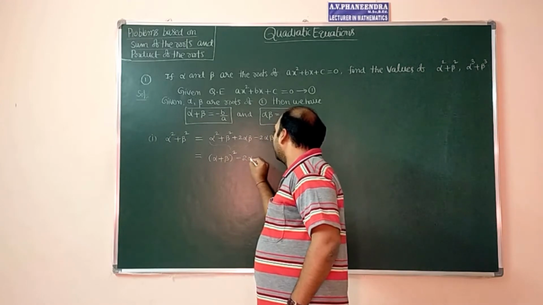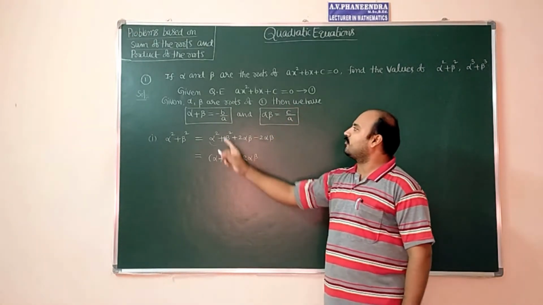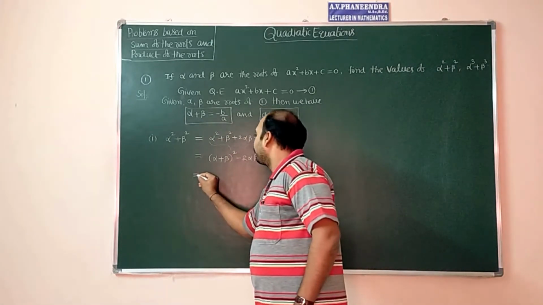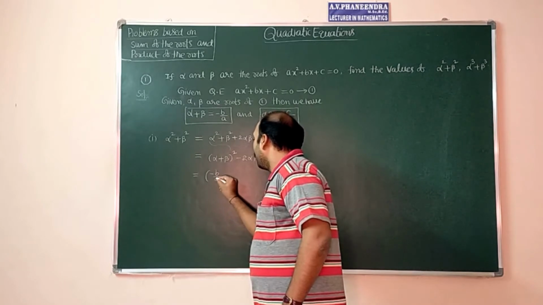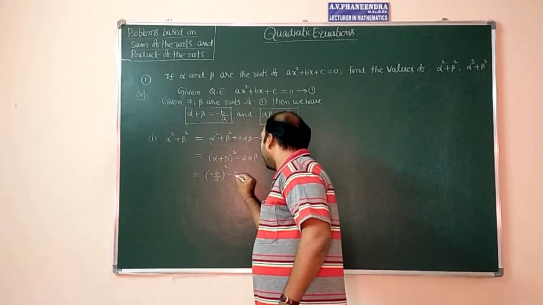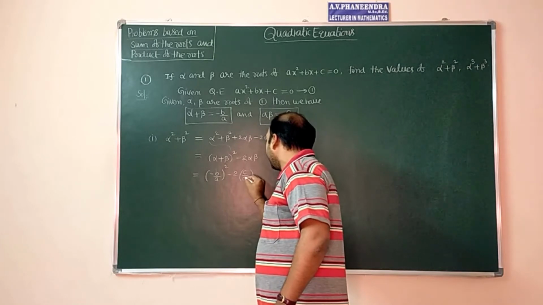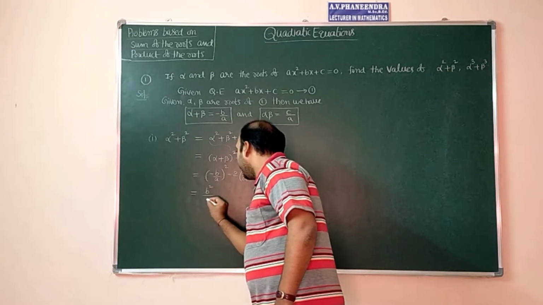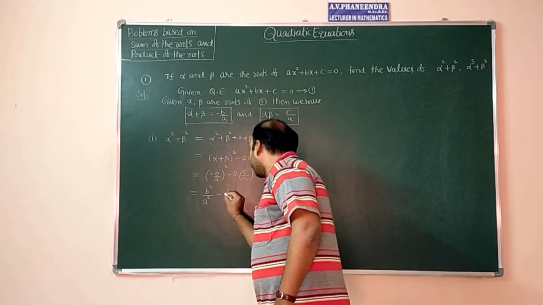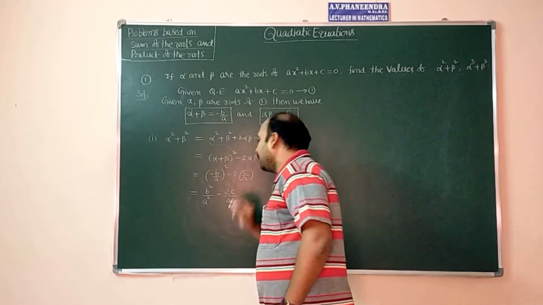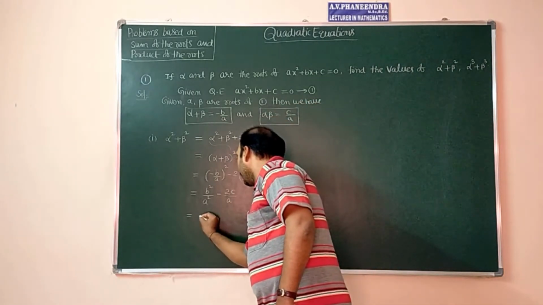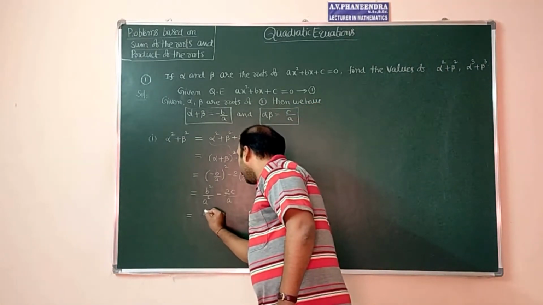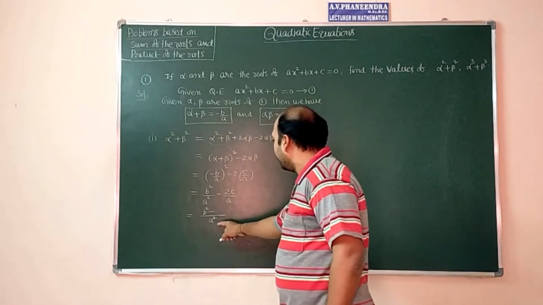Alpha plus beta whole square minus 2 alpha beta. We know the values of alpha plus beta and alpha beta, substitute in this, which is equal to minus b by a whole square minus 2 into alpha beta, c by a, which is equal to b square divided by a square minus 2c divided by a. a square is the LCM, so b square minus 2ac.